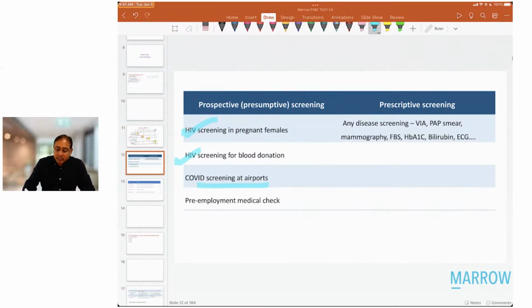Prescriptive screening is essentially a type of secondary level of prevention, and in this come all your examples like visual inspection with acetic acid. This is one of the screening tests of choice for cervical cancers. Then you have pap smears, which are of course the diagnostic tests, mammography for breast cancers, fasting blood glucose, HbA1c. All these are termed under secondary level of prevention. These are prescriptive screening, whereas the presumptive screening, these are primary levels of prevention.